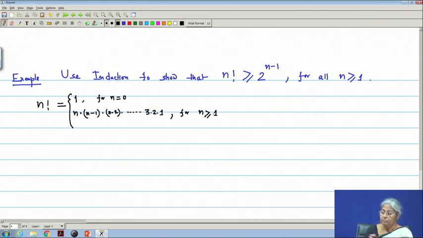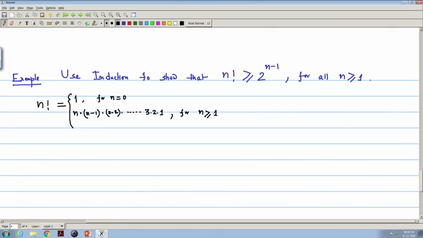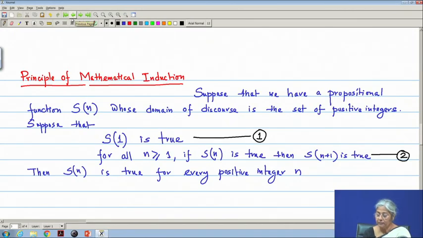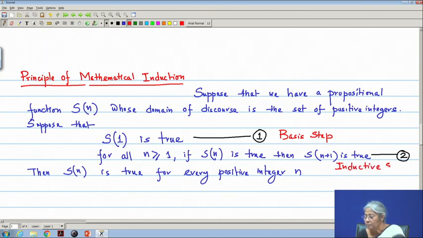So, if we want to use mathematical induction, then in the principle of mathematical induction, this one, S1 is true, we call the basis step, and equation 2 is our inductive step.